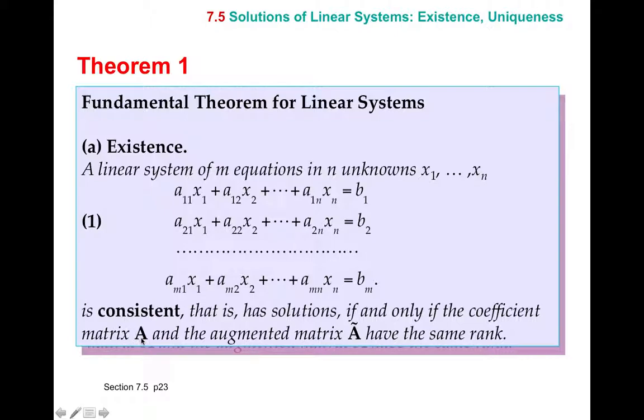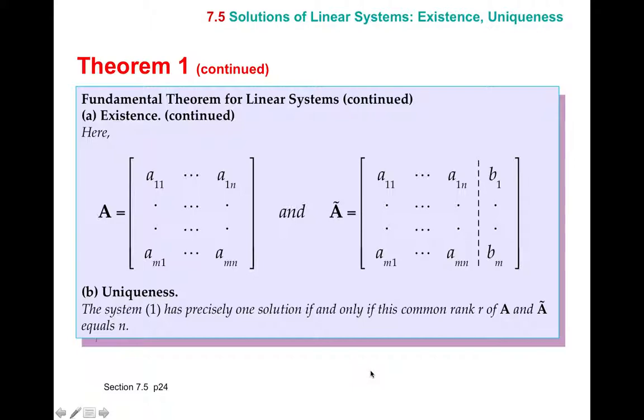So here's our coefficient matrix symbolism, here's our augmented matrix symbolism. So the existence part of the theorem, we have basically our m by n matrix and our augmented matrix.